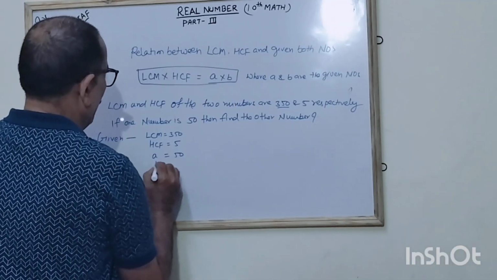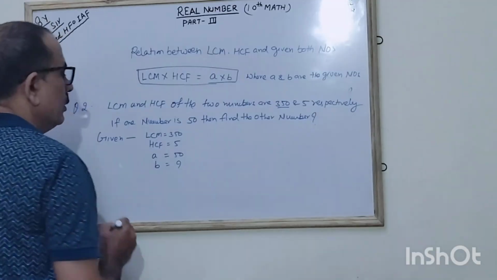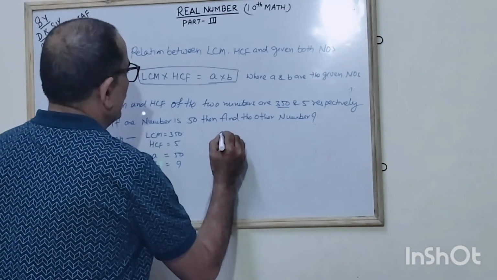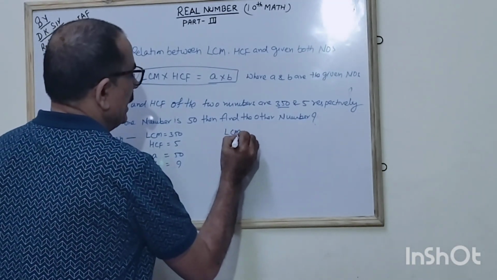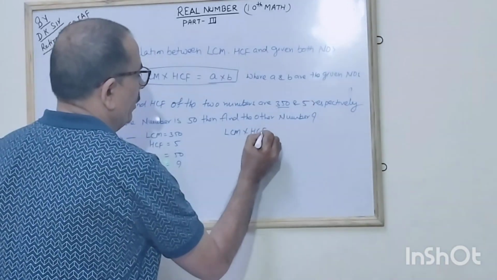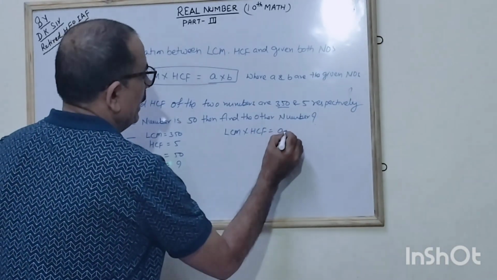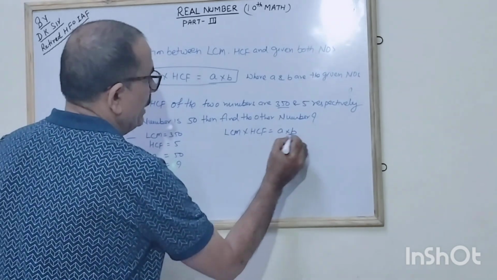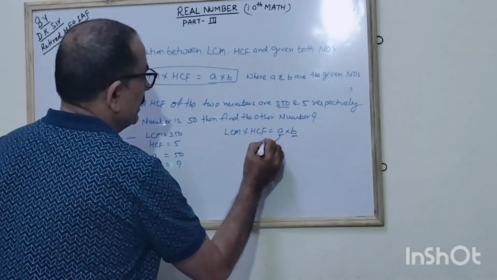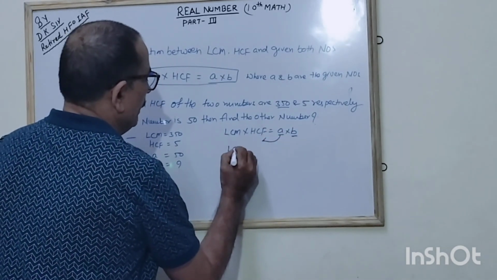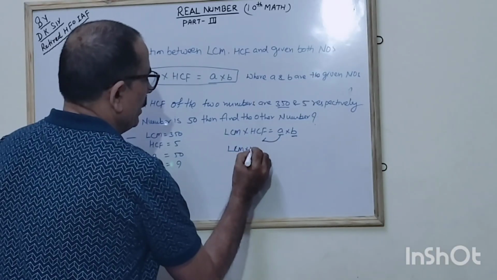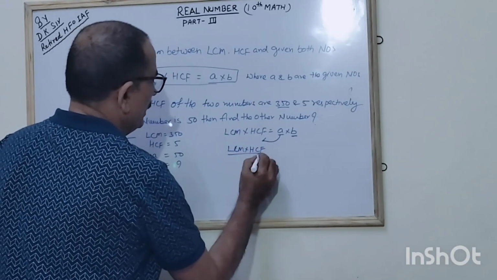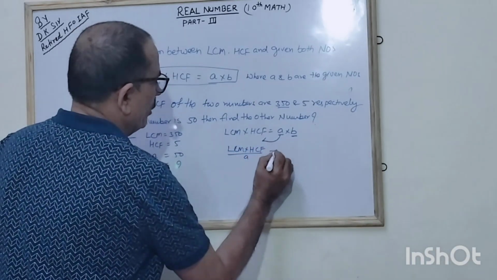Then you have to find B. So you write the standard formula: LCM into HCF is equal to A into B. You have to find B, so leave B here and bring the rest to this side. So the formula becomes LCM into HCF divided by A is equal to B.